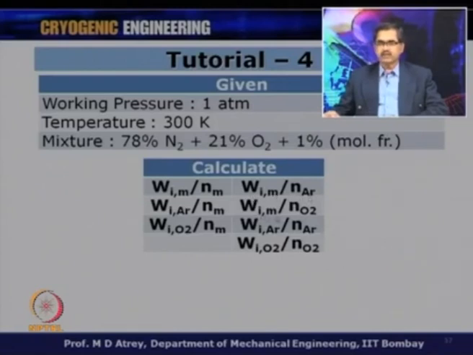Here I say work of separation of mixture per mole of oxygen. Now, here I want to convert this quantity. Instead of per mole of mixture, I want per mole of argon. Work of separation of argon per mole of argon and work of separation of oxygen per mole of oxygen. This concept should be absolutely clear. What is asked in a problem and how do we get those values basically? This should be absolutely clear. All right. So, please get used to this nomenclature, and this is a new nomenclature, and it is very important to understand this nomenclature.